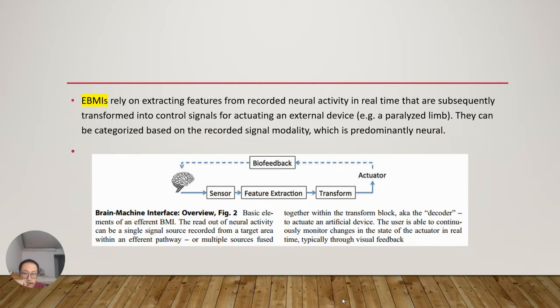transformed into control signals for actuating an external device, for example, a paralyzed limb.